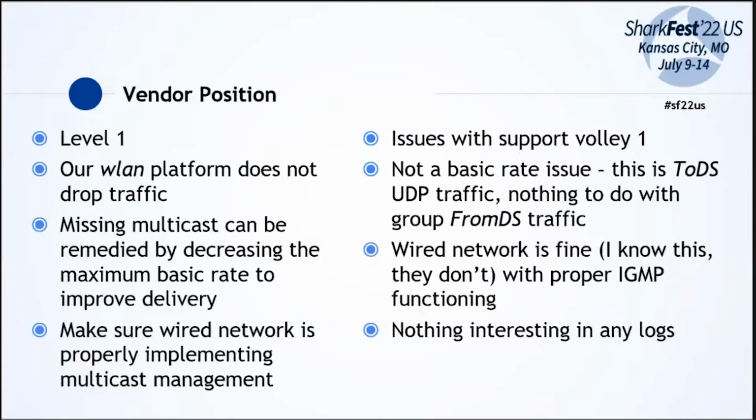You said it's multicast. So how do we know your IGMP is good? Right. Okay. So the support volley comes back to me. Okay, it's not a basic rate issue. Okay, we get through that. Wired network is fine. In all fairness to them, I know that. They don't. I take action to make sure that's okay. I have data to prove it, but that's fine. Of course, at this level, I never find stuff in logs. And don't get me wrong.